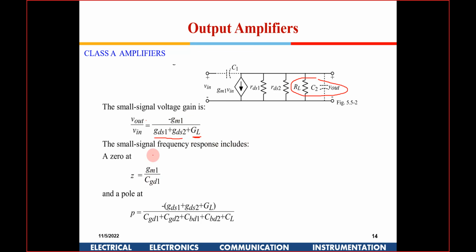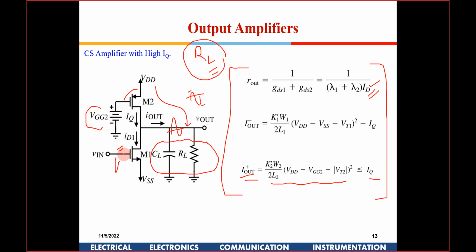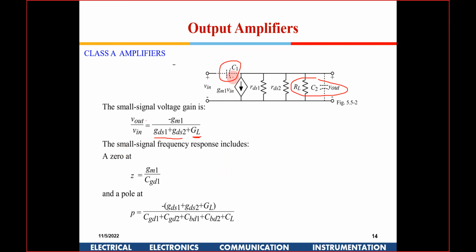And there is a capacitance out here. On the input side, generally we put this capacitance. There is a coupling capacitance which is put here, right? No, this C1 is CGD1 only. So that results in a zero, which will be given by GM1 into CGD1, and there is a pole also.